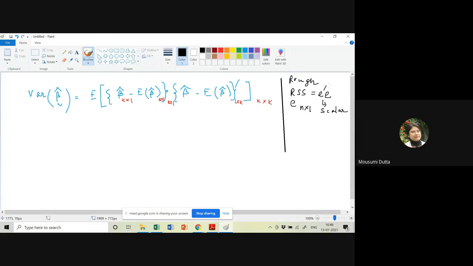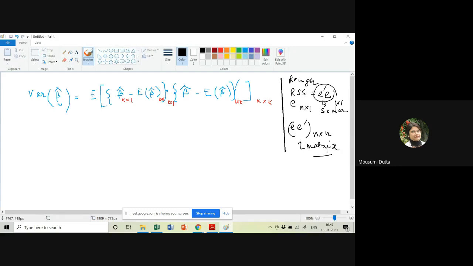So I multiplied the transpose with the original vector and got something of order 1 by 1. Here I need a matrix. Therefore, if I need a matrix, I will consider E E transpose. This will be of order n by n, so it will be a matrix.